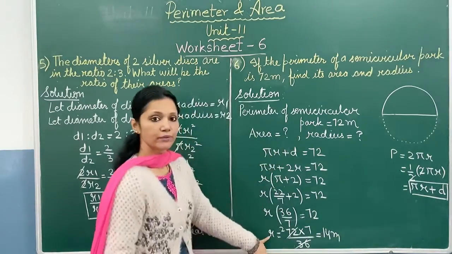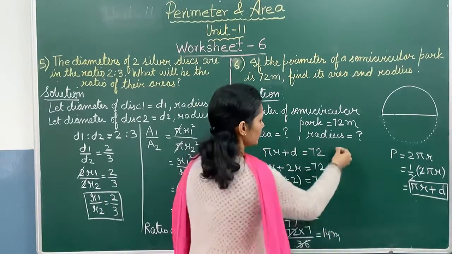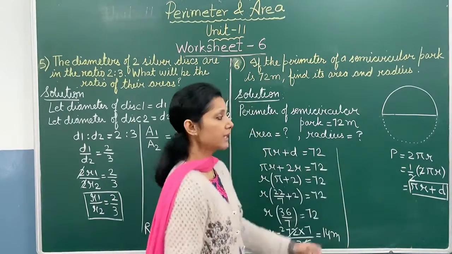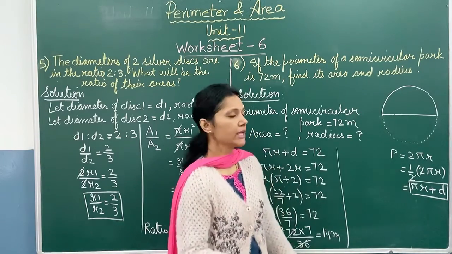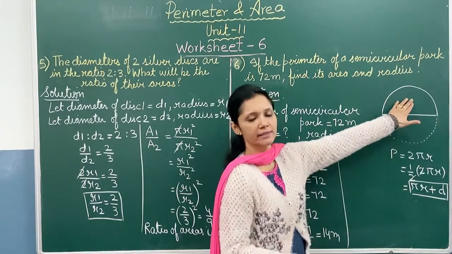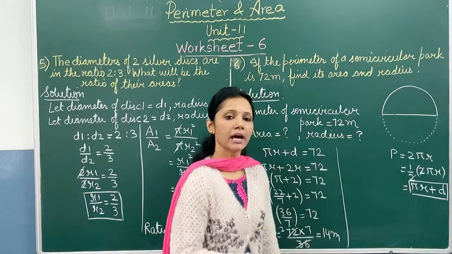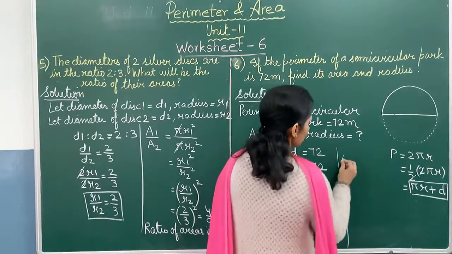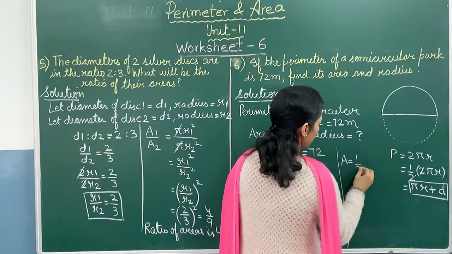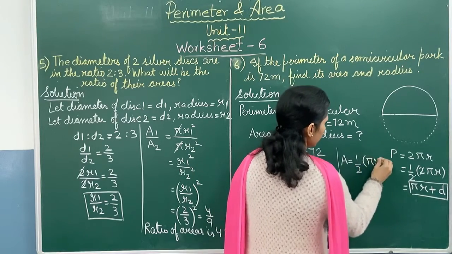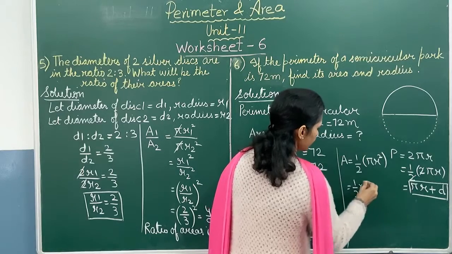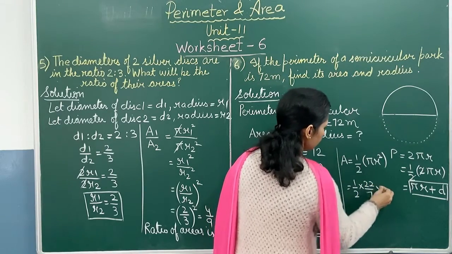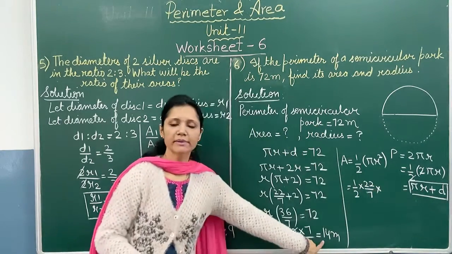So now we've got the radius, so we can find out the area of the semicircular part. Now the area of the whole circle is pi r square. So the area of half of the circle, that is semicircle, would be half of pi r square. So area would be equal to half of pi r square. That is equal to half multiplied by 22 upon 7 multiplied by r square, which means 14 square.